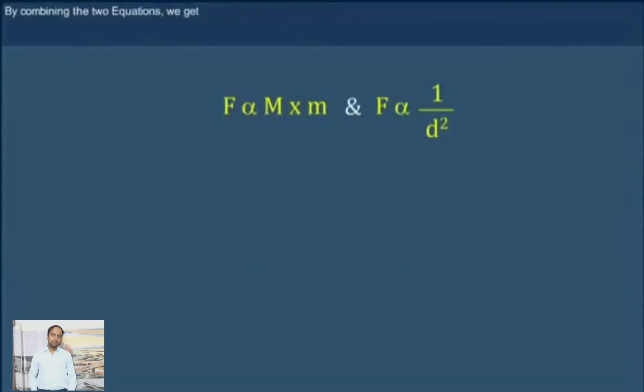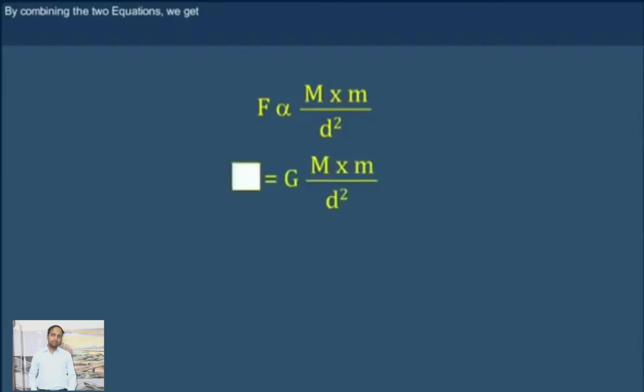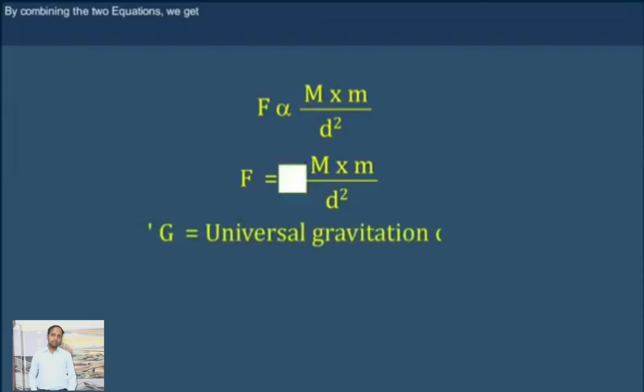By combining equations, we get F is proportional to capital M into small m upon d square, or we can say F is equal to G multiplied by capital M into small m upon d square, where G is the constant of proportionality and is called the universal gravitation constant.